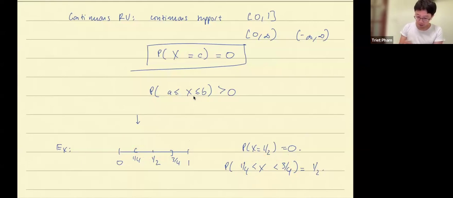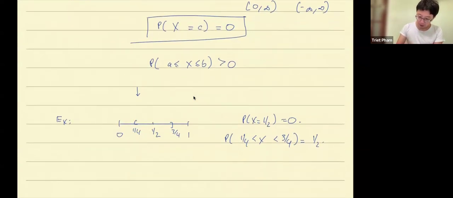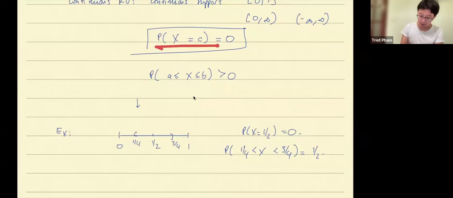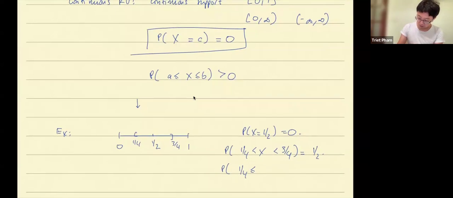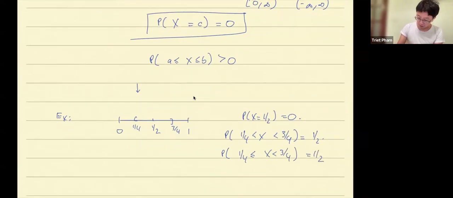All right. So, by the way, let's just even throw it in now. Because the probability that a continuous random variable takes on any particular value will be 0, then this will actually also be equal to this. Will also be equal to this.